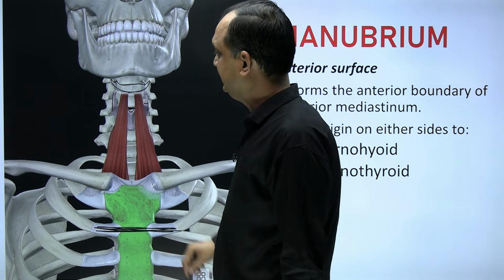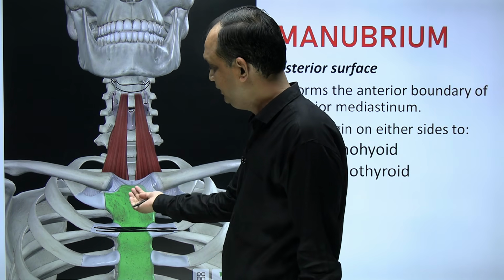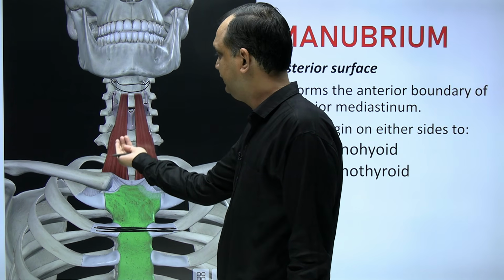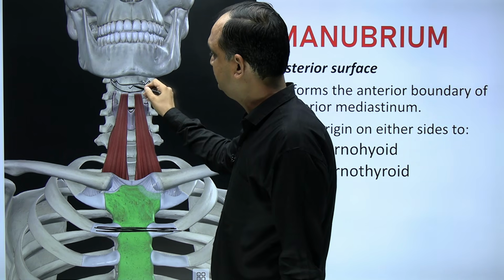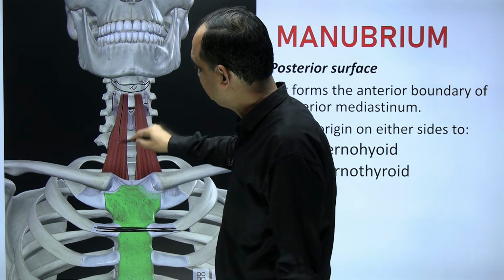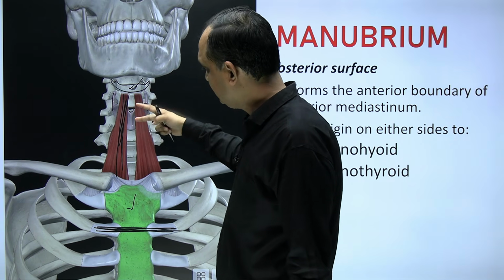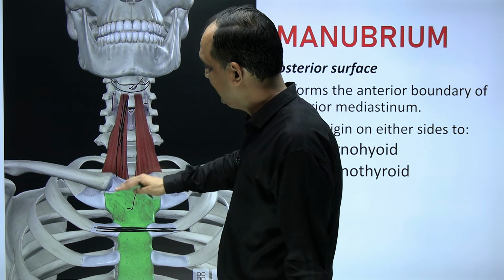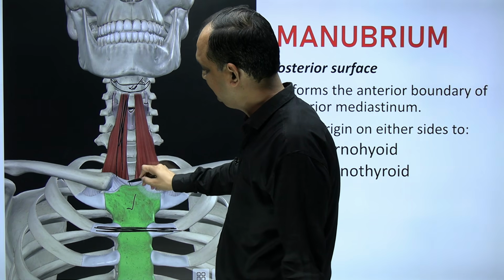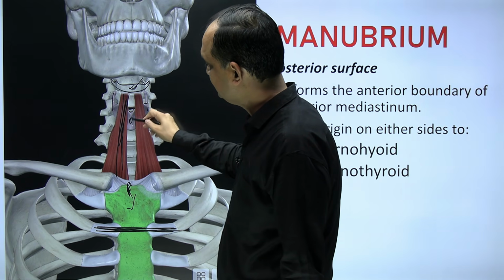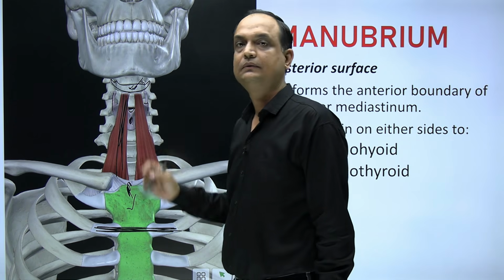Here in this diagram you can see a muscle which is coming deep and going into the neck, approaching this hyoid bone, and this muscle is your sternohyoid. Now if you cut this sternohyoid, behind that you will find one more muscle that goes from the sternum to the thyroid cartilage, the sternothyroid.